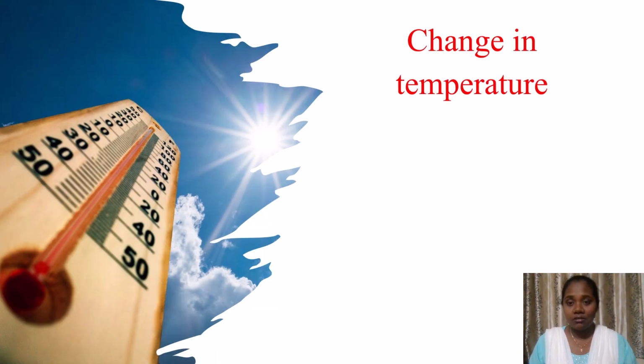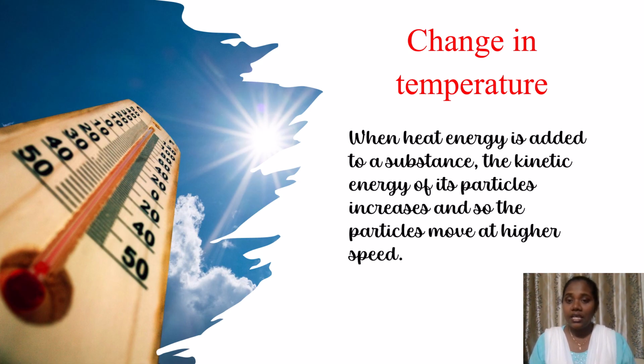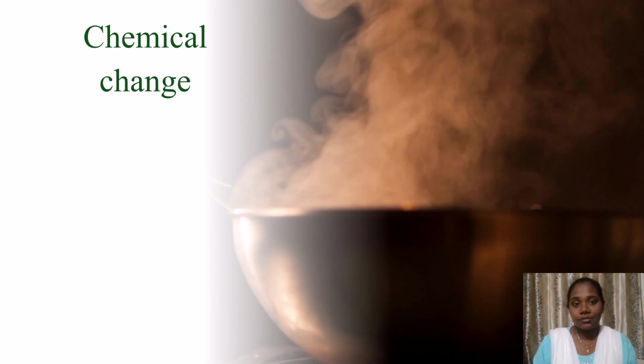Now let's see change in temperature. When heat energy is added to a substance, the kinetic energy of the particles increases, so the particles move at higher speed. Now let's see the chemical change.